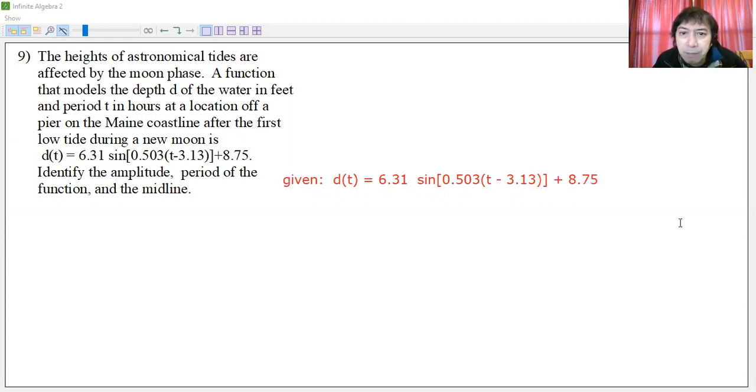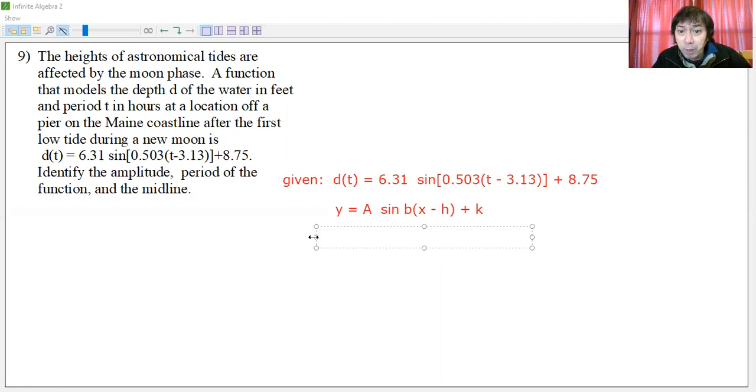Okay, this is our given, and we can compare this to our working equation in our x and y sinusoidal equation. y is equal to capital A sine, and then we have b times the quantity x minus h, horizontal translation, plus k, vertical translation. And we seem to have all the numbers, okay?